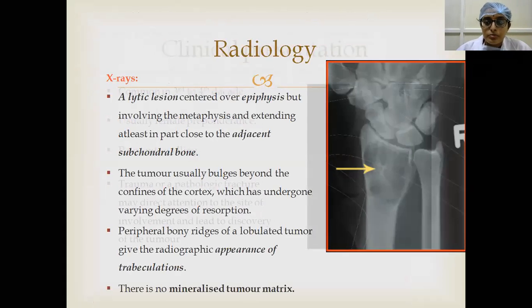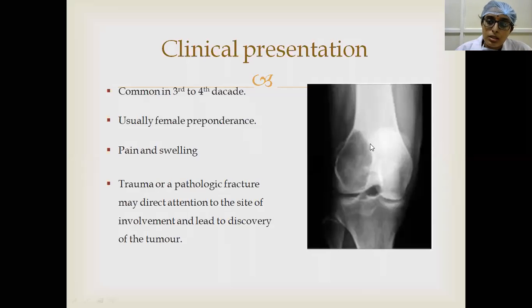So now, here you can see the features of the tumor. One thing, it is epiphyseometaphyseal in location, eccentric in location, and it is expanding the cortex. I have told you 3 E's.